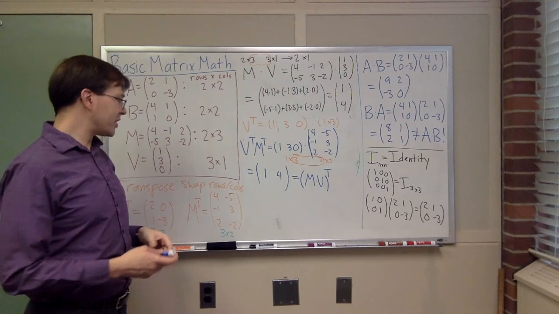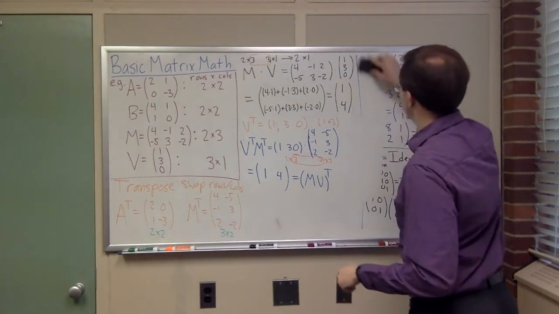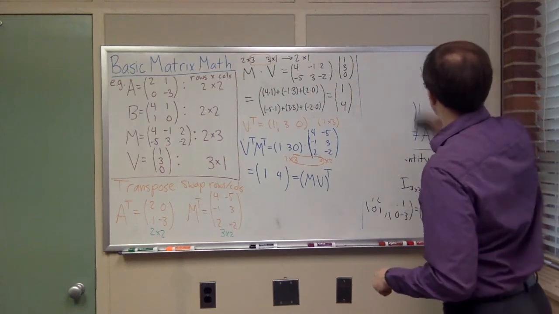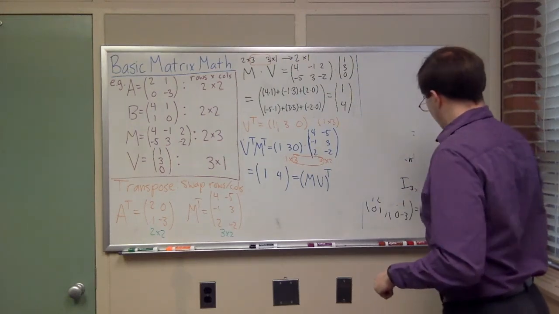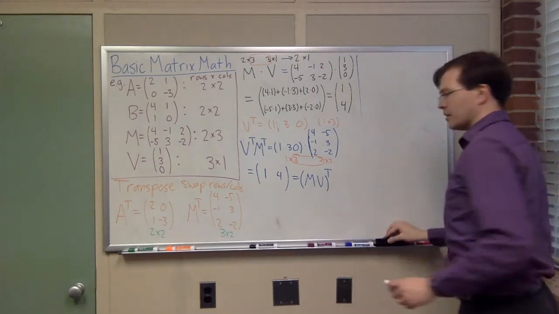And maybe the one other thing to say about transpose, because it's a useful piece of terminology, is the idea that there are some matrices, they have to be square, that look the same whether or not you've transposed them.